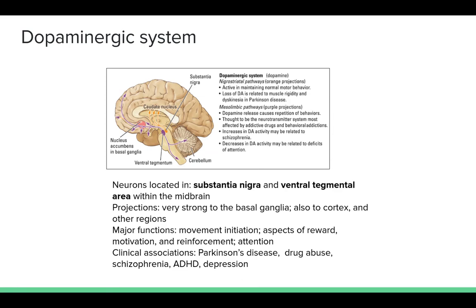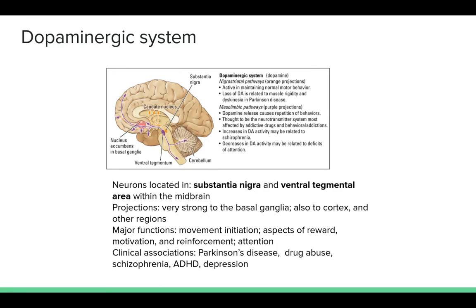And dopamine has a number of different behavioral roles. One big one is in the initiation and coordination of movement. However, another has to do with aspects of reward, motivation, and reinforcement. And dopamine also has effects related to attention and other aspects of higher cognition.